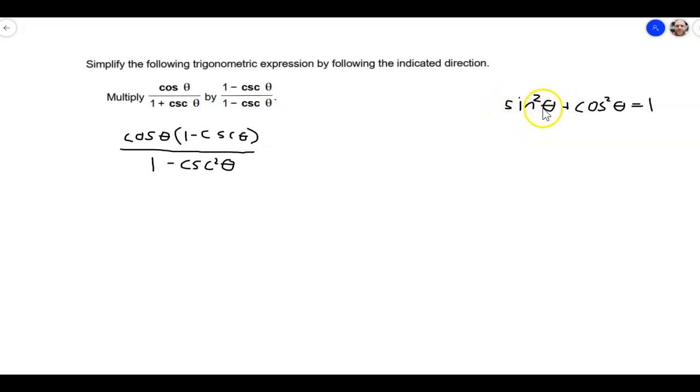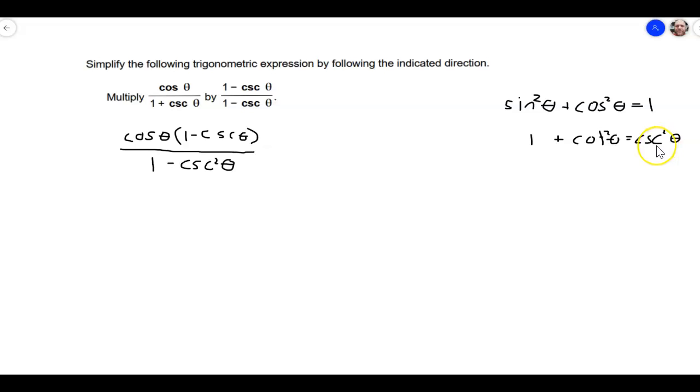So sine squared of theta divided by sine squared of theta is 1, plus cosine squared of theta divided by sine squared of theta is cotangent squared of theta, and 1 divided by sine squared of theta is cosecant squared of theta. So that's one of the other Pythagorean identities, which you can either have written down, or you can derive it from our main Pythagorean identity, just dividing everything by sine squared of theta.